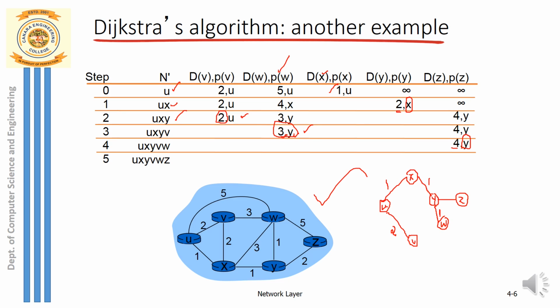So now from y to z it must be the remaining distance, that is 2. So here the total distance from u to z is 4. So 2 plus 1 plus 1 is 4. Now you are done with all the steps. This is how you draw the final shortest path graph, which contains only the least cost distance from source node u to all the other nodes in the graph.